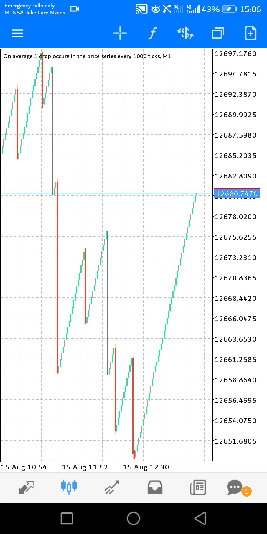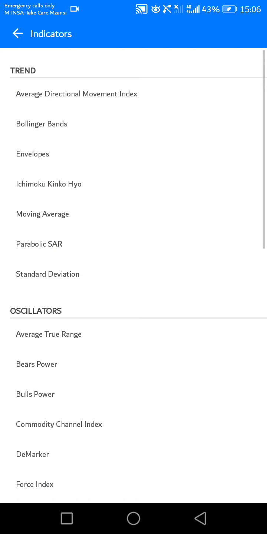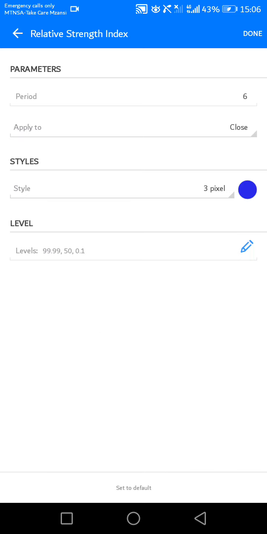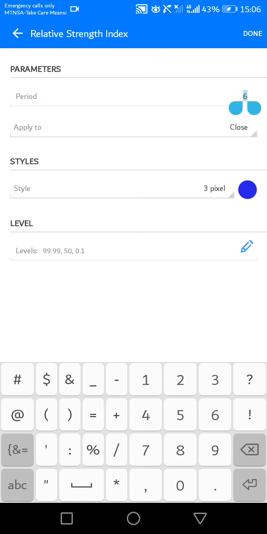We'll start by doing the indicators, which are the ones that are going to tell us when is the right time to make an entry. So we'll go to indicators. Under indicators we'll go to oscillators. Under oscillators we'll look for the relative strength index, right? Under the strength index we're going to be using the period 6, which is already there anyway, and then apply to close.